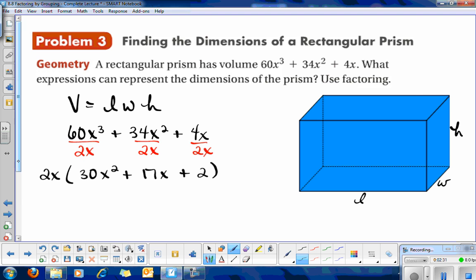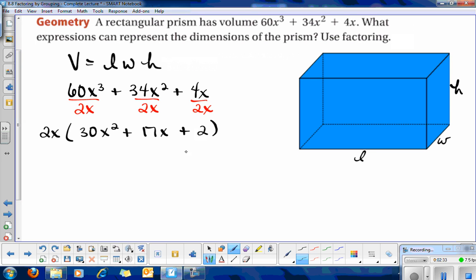Okay, so here now we have this monomial times a trinomial, and we're going to factor this trinomial the way we did in section 8-7, because we have an ax squared. So for this one, we're going to go ahead and use our AC method.